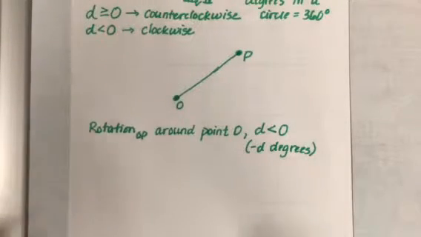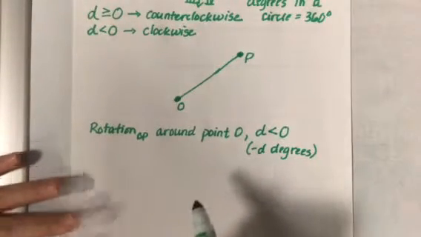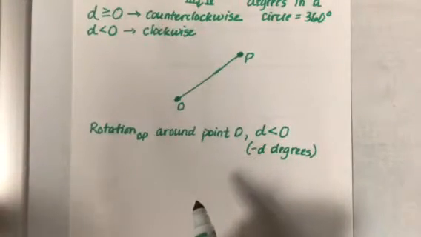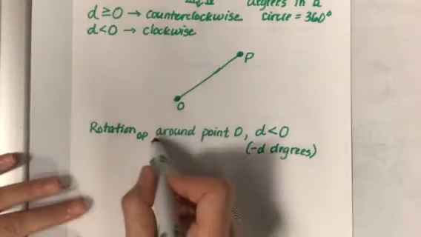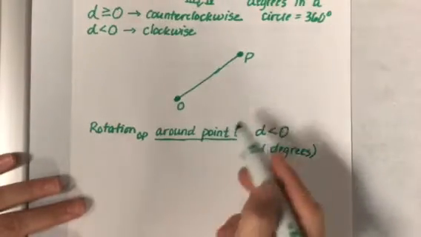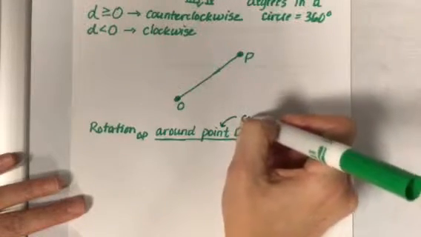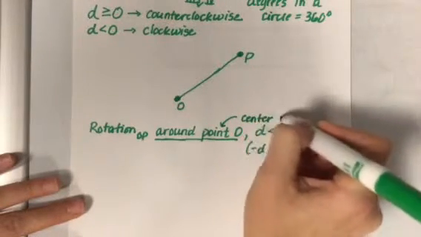Okay, so when we did translations, we moved along a vector. When we did reflections, we flipped over a line. Rotations go around a point. And when it says around that point, this point here becomes our center of rotation.